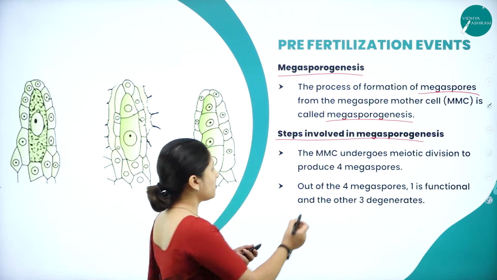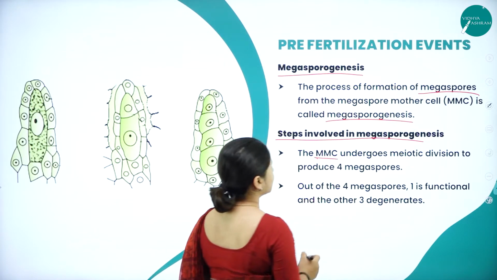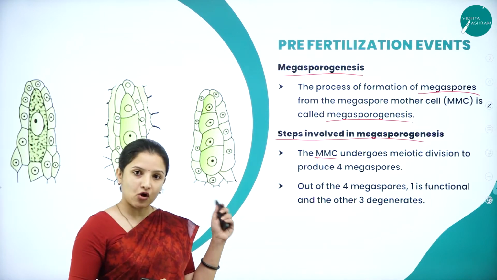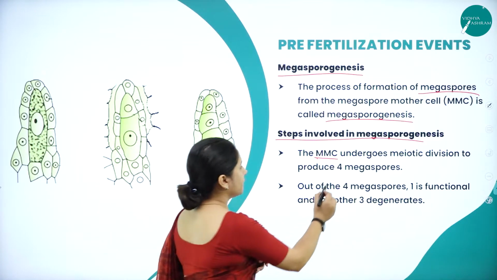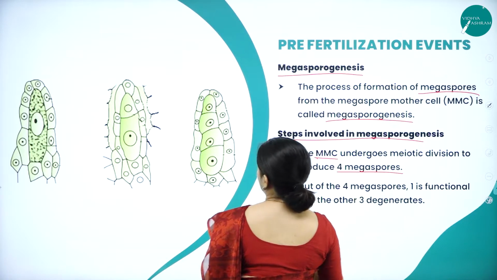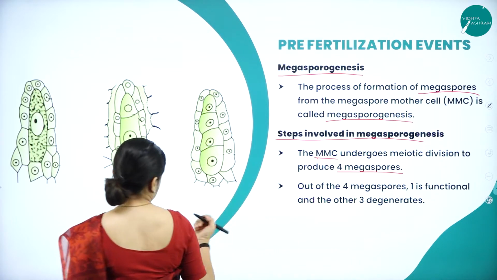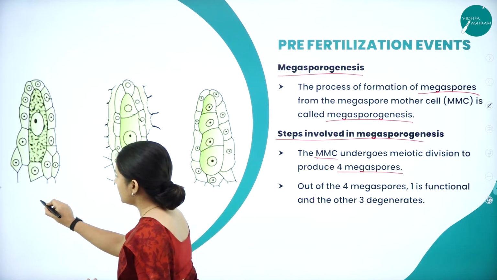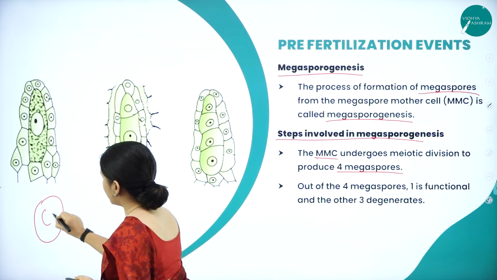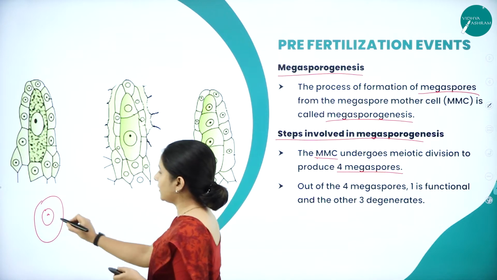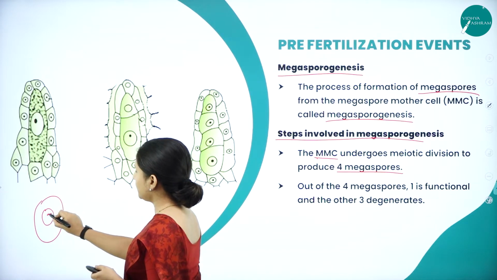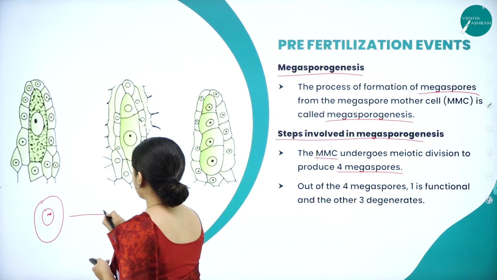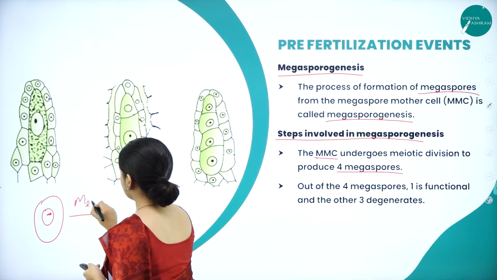The megaspore mother cell will undergo meiotic division to produce 4 megaspores. I can show it to you in a different diagrammatic representation. You have the megaspore mother cell having one cell, one nucleus. This will undergo meiosis.